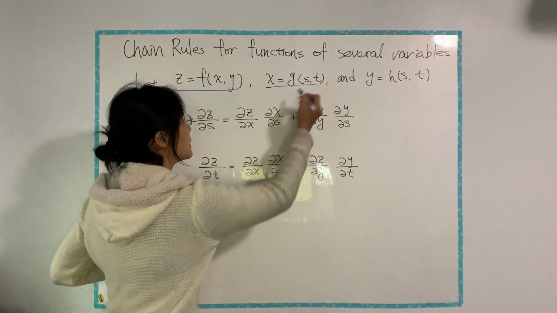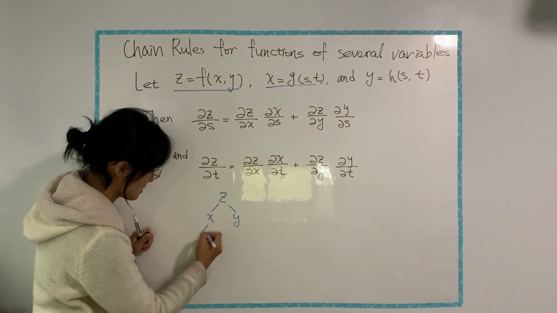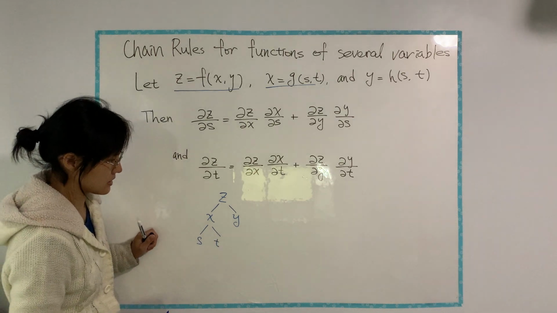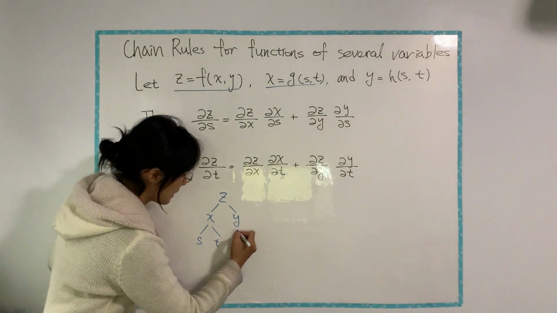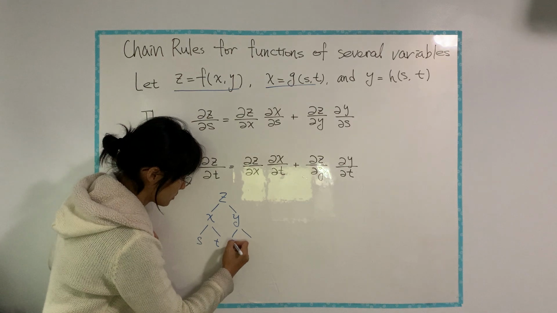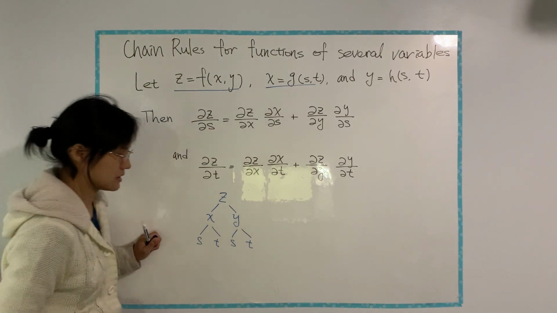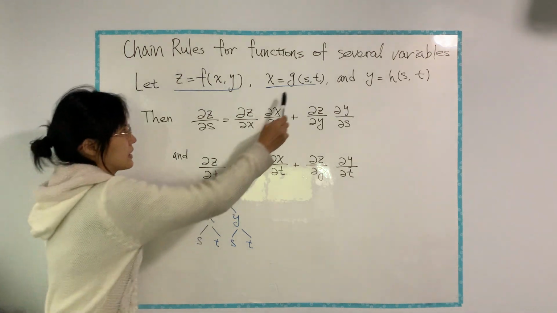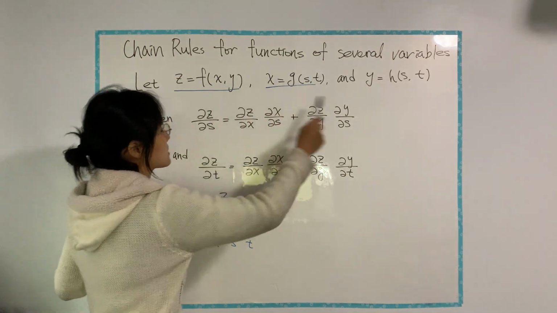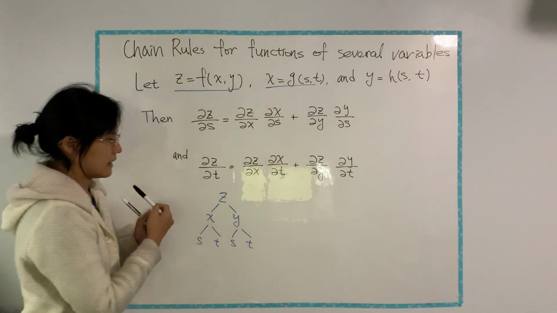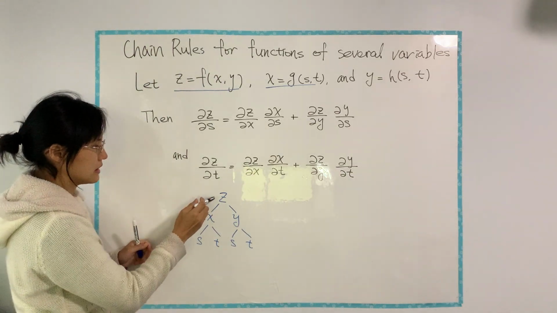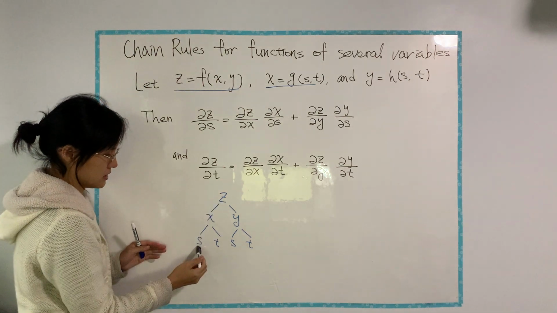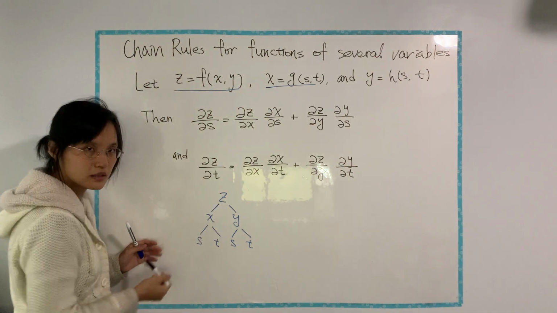Moreover, x is also a function of s and t, and the y is a function of s and t. Now you can see if I plug this into the x, plug this into the y, I will see that this composite function z is a function of s and t.